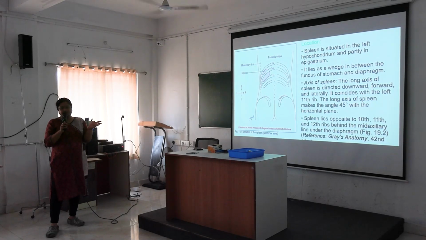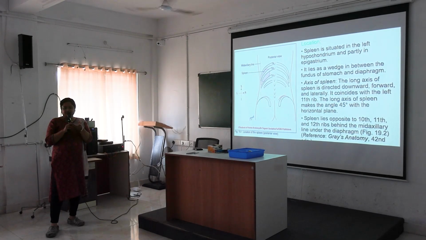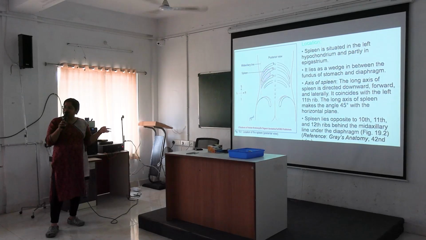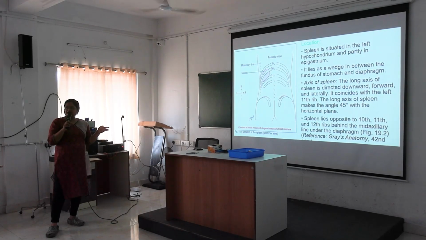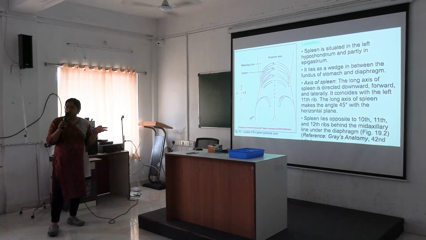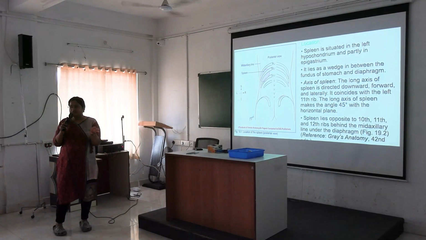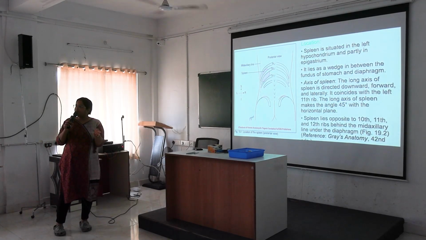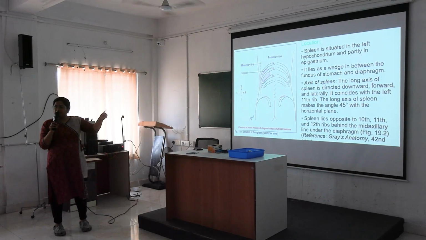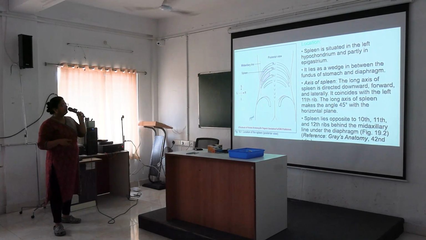These three fingers represent the three ribs, and the 10th rib represents the axis of the spleen. The anterior end is directed laterally forward and slightly downward. I will show you this anatomical position at the end.